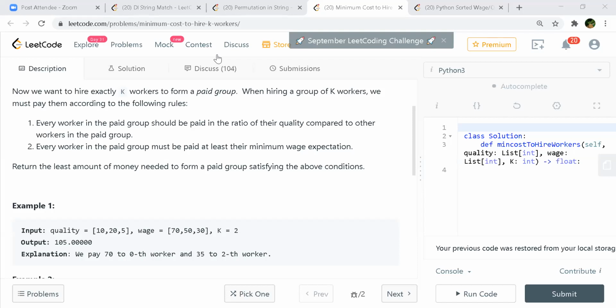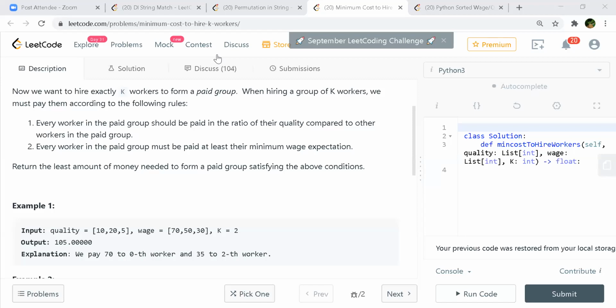Because the way I look at this problem is, we should take a worker whose wages are lesser and who has good quality, correct? So that is where the ratio comes into the picture, wage by quality. If the quality is greater, the ratio is going to be smaller.